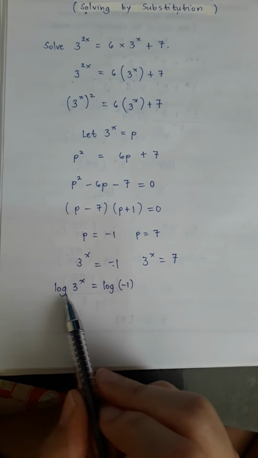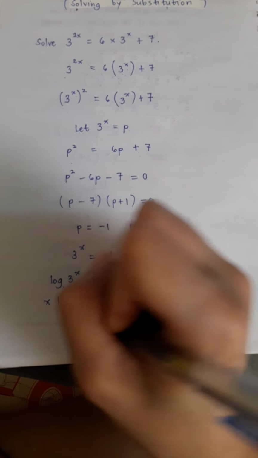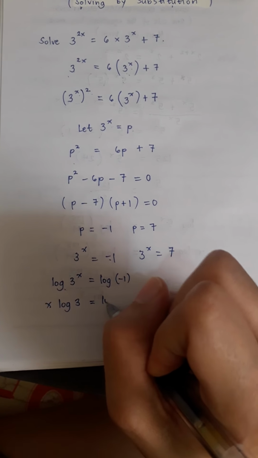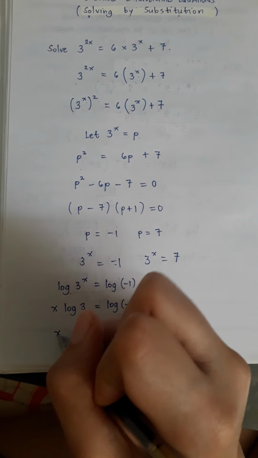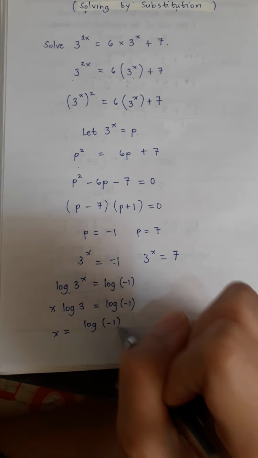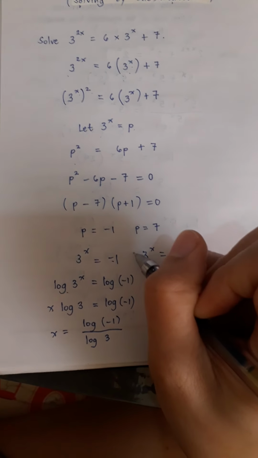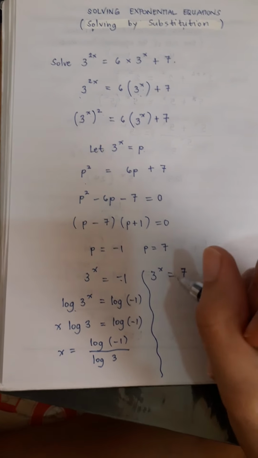Power law for this will give me x times the logarithm of 3 to the base 10 is equal to the logarithm of negative 1 to the base 10, which means x is equal to this value. While in here, we do the same thing.